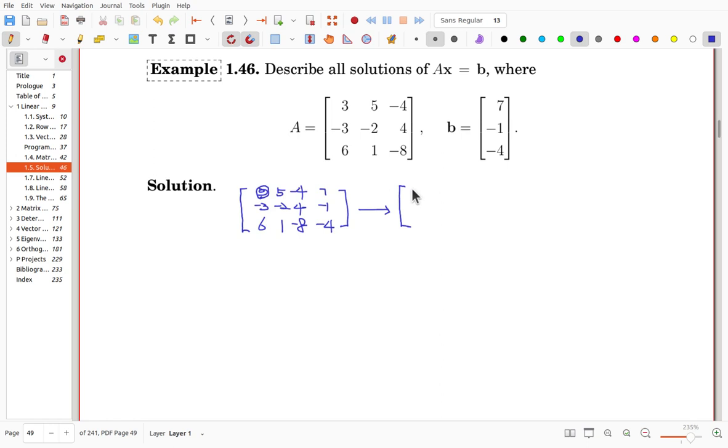So we keep the first row the same, 3, 5, minus 4, and 7. For the second row, by adding the first row, we have a 0, and now 3, and 6 here.